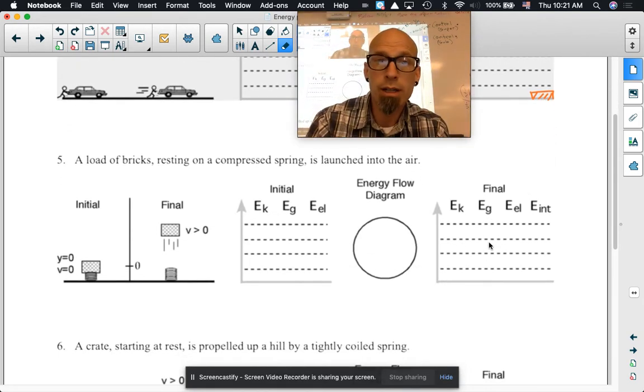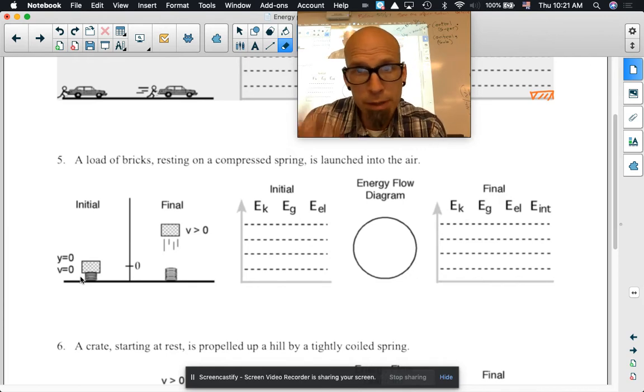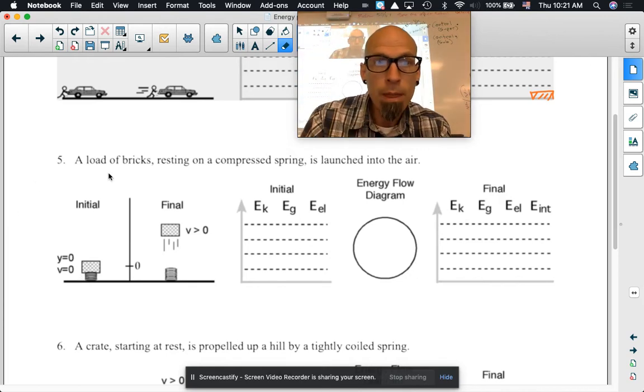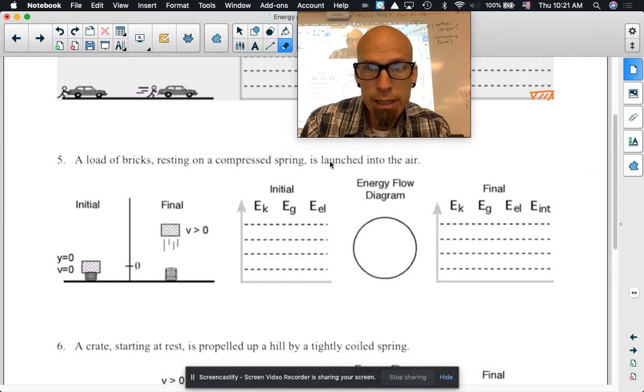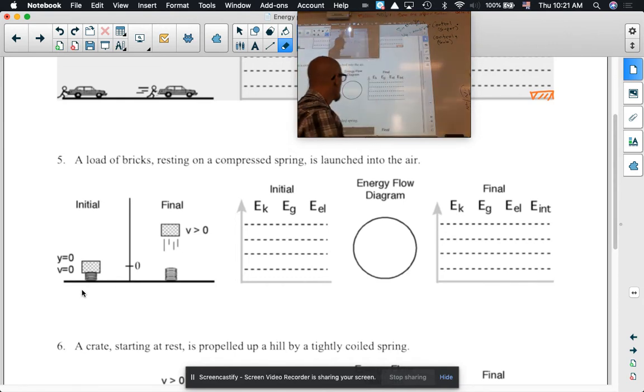Moving on. Load of bricks. Oh, this happens all the time. I constantly see loads of bricks on springs getting shot up into the air. So, a load of bricks resting on a compressed spring is launched into the air. This tells us we have no height. It also tells us we have no velocity. However, we have a spring that is compressed. Compressed spring, so that looks like EEL.